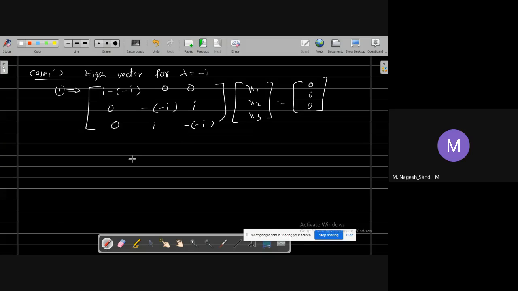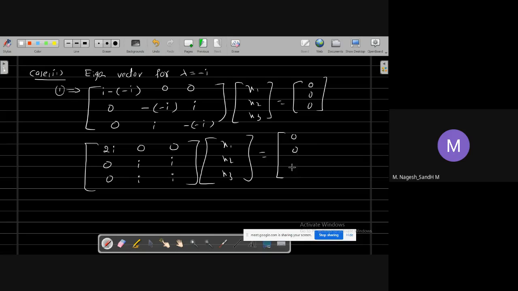So now what is the value? i minus of minus i, sorry, minus into minus i plus i. i plus i how much? 2i, 0, 0. Next 0, i. Next 0, i. What is the value? i. So x1, x2, x3 is equal to 0, 0, 0.